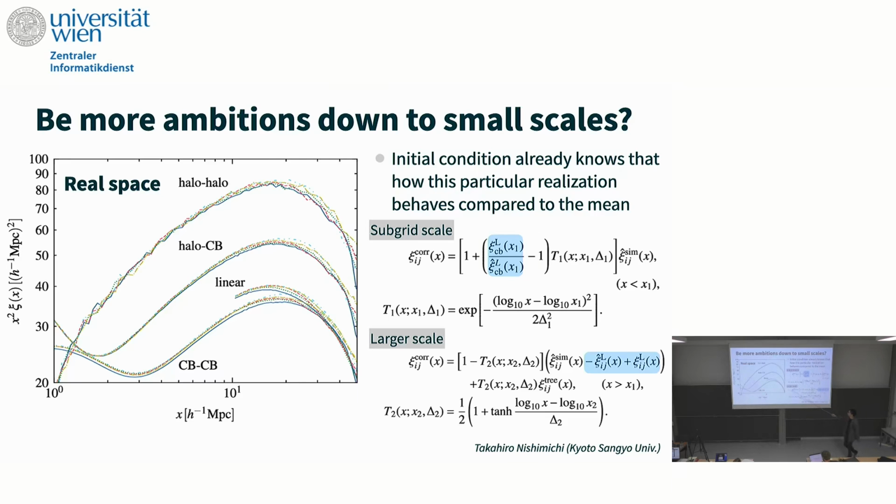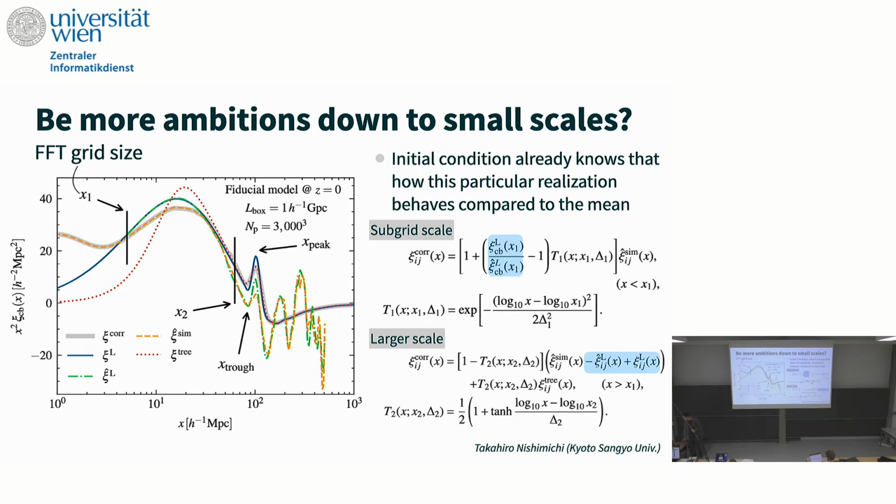We don't have grid information, but still this endpoint knows that this blue realization tends to be a bit smaller than the red one and so on. So we just take this factor, which is smoothly connected from grid scale and subgrid scale. This is done only in real space, but we are trying to do the same for redshift space.